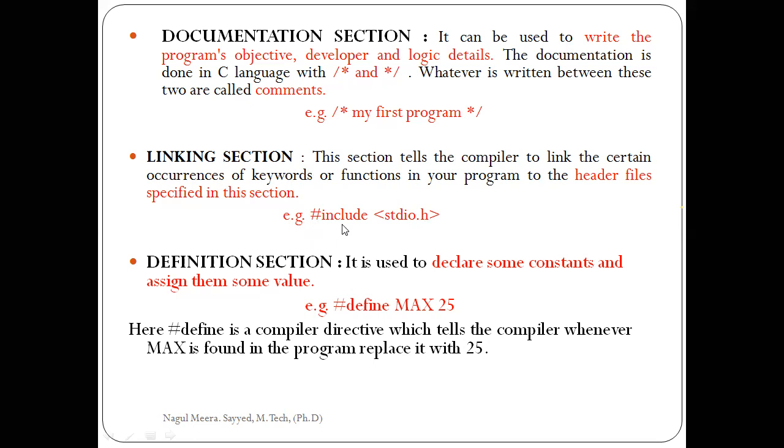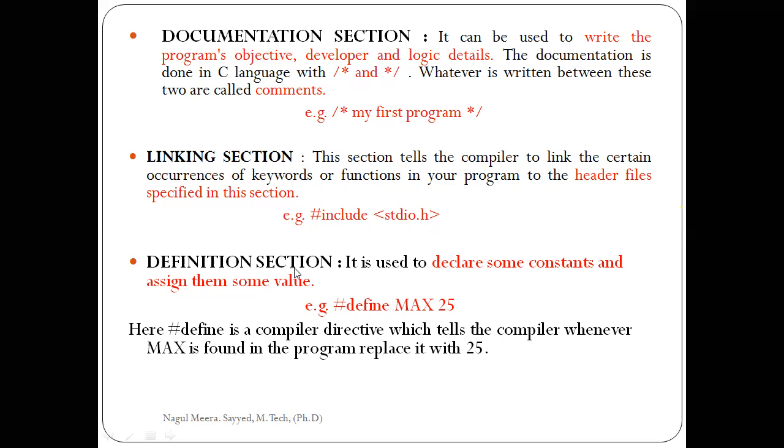So simply, the linking section consists of all the header files in the C program. The example is hash include stdio.h. This is the beginning of a C program. The documentation section we may or may not write, but this linking section is a must.